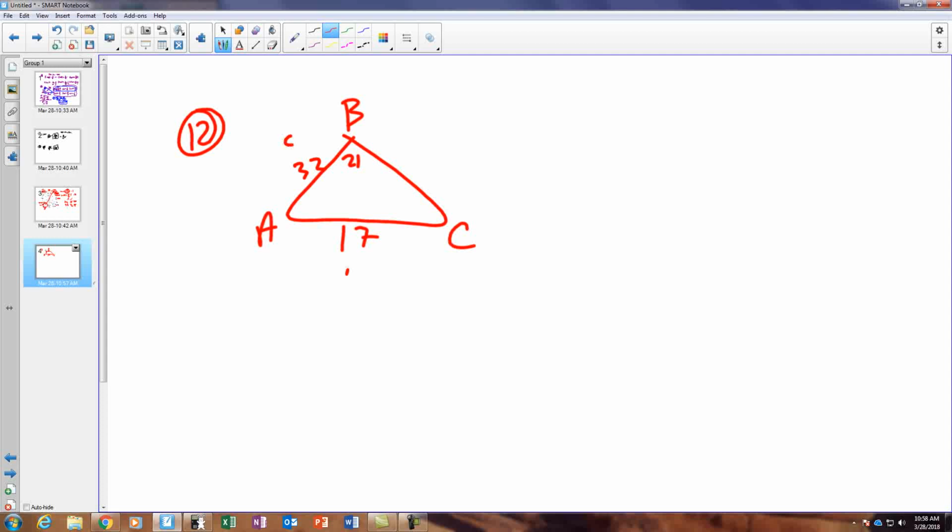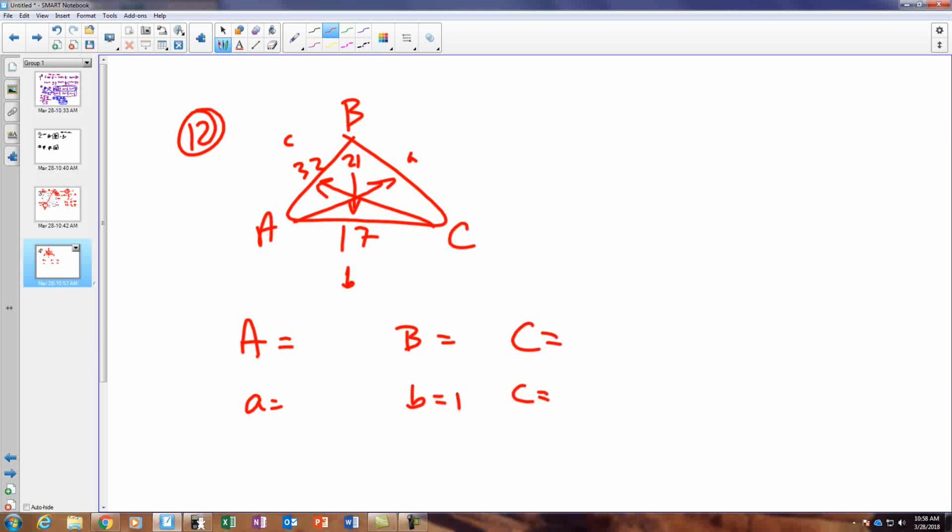That's little c, that's little b, that's little a. If you can't keep track of the organization of the lettering, you're going to struggle. The reason this is little a is because it's directly across from big A. Big C, big B, little b. It's just directly across. So your job is to solve the triangle, which means give me all the information. All right.